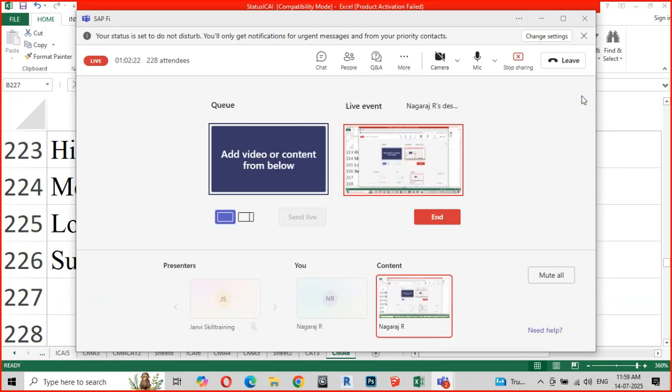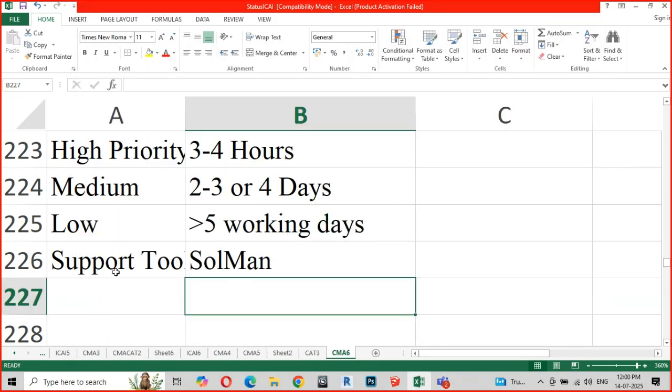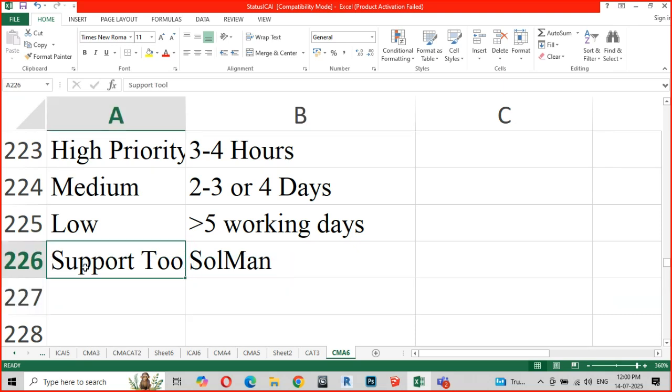So I hope now, the clock for the solution starts ticking from the moment the issue is raised.